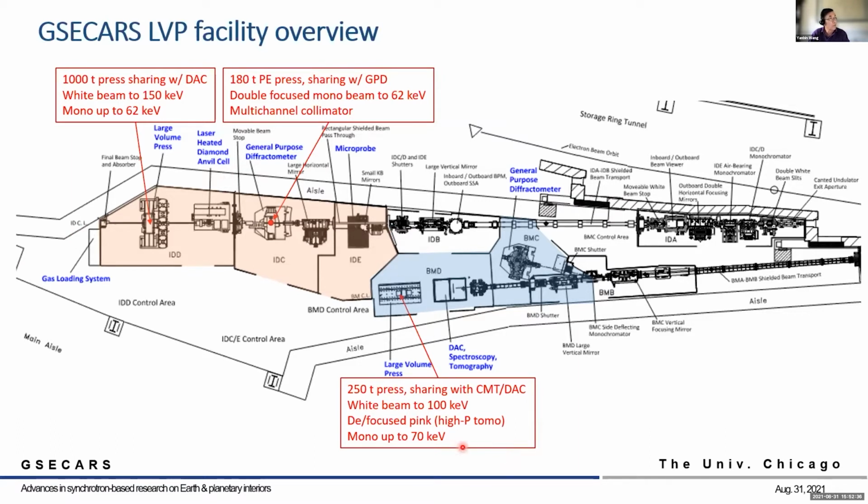We have a 250-ton press in the bending magnet beamline 13 BMD. We have a 1,000-ton press sharing with the diamond cell at 13 IDD. We actually have swapped our PE cell with the HPCAT. We use their PE cell in IDC, and HPCAT has been using our PE cell in our system.